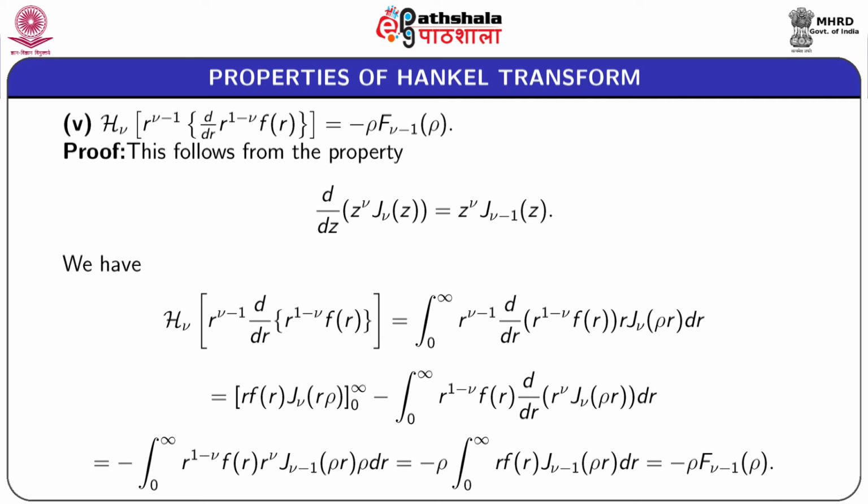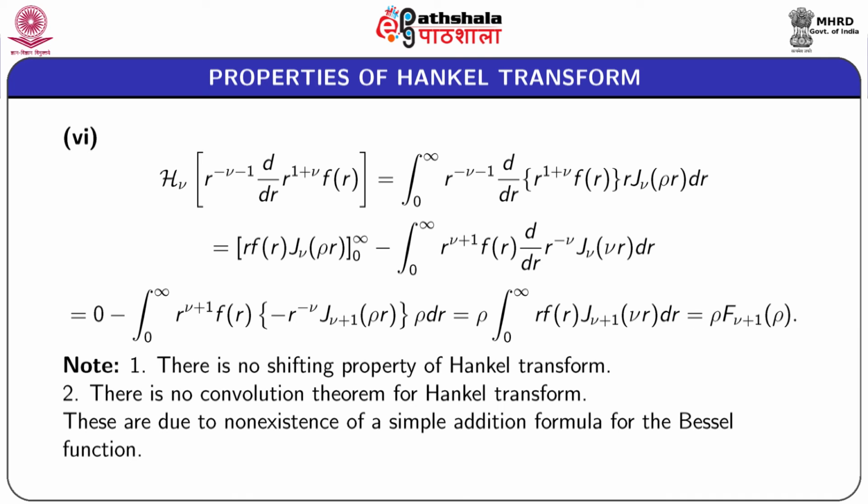So, this equals minus integral from 0 to infinity r to the power 1 minus nu f(r) r to the power nu J_nu minus 1 (rho r) dr, and this can be simplified to get minus rho F_nu minus 1 (rho).